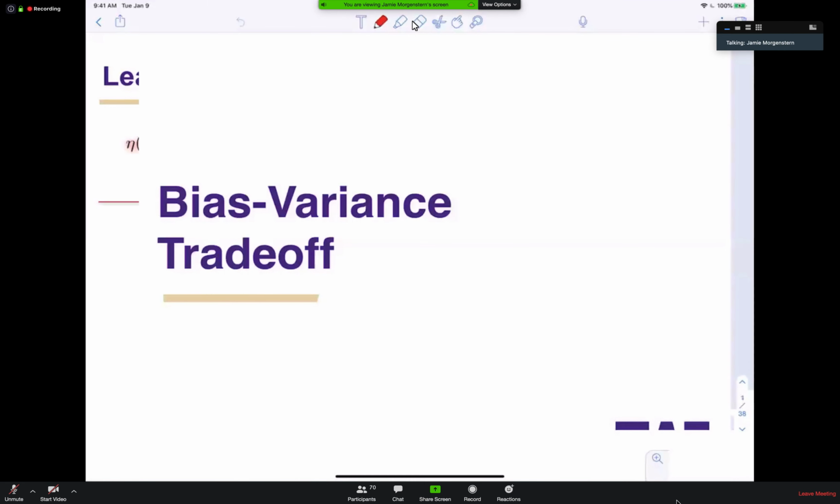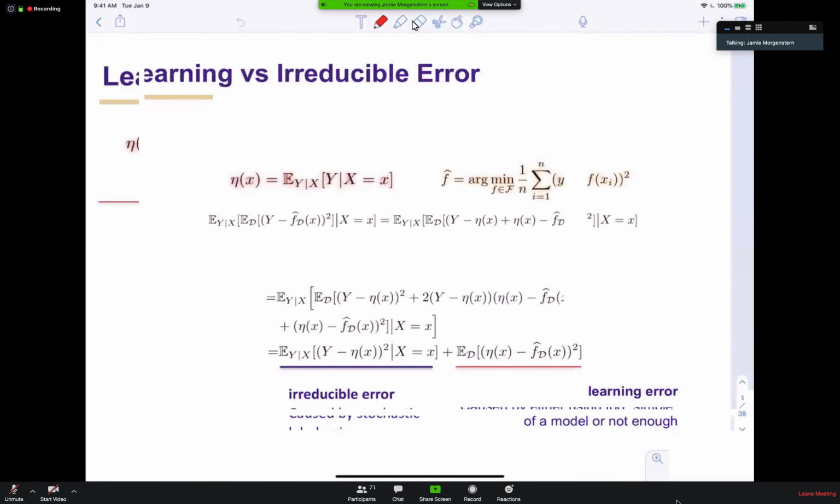Specifically, we're looking at a particular way of describing the error we have when we're talking about our learning processes. We looked at this term, which we considered to be the error of our estimator f hat conditioned on some value x.